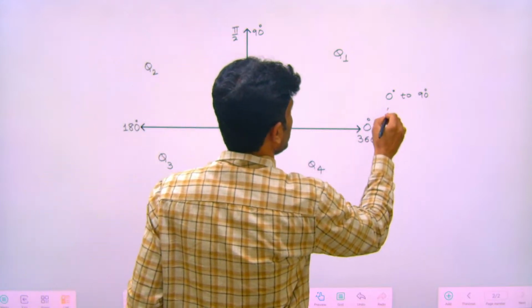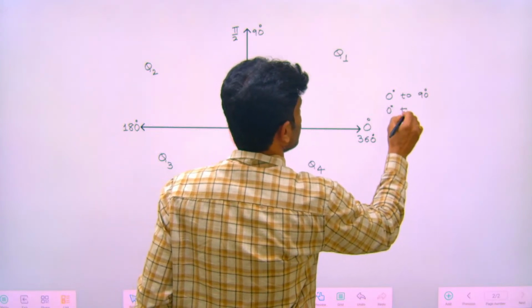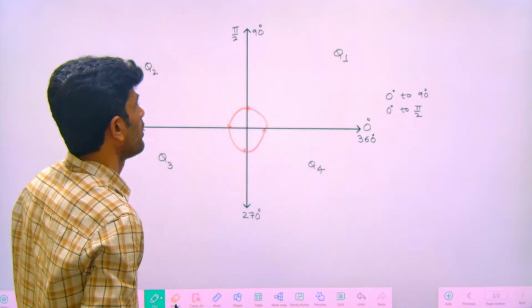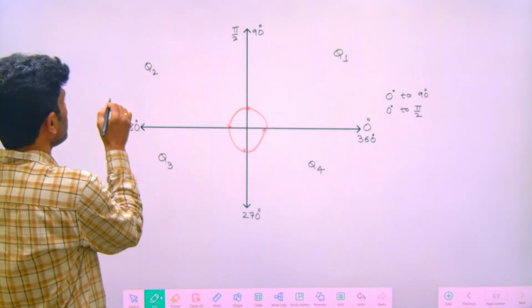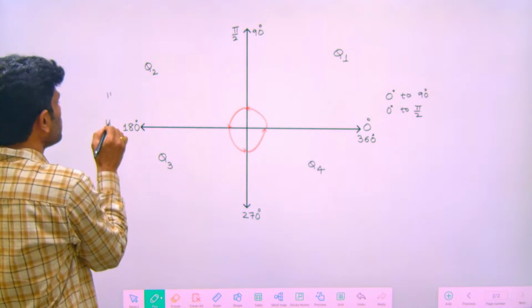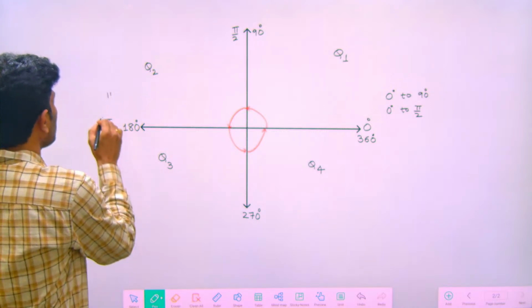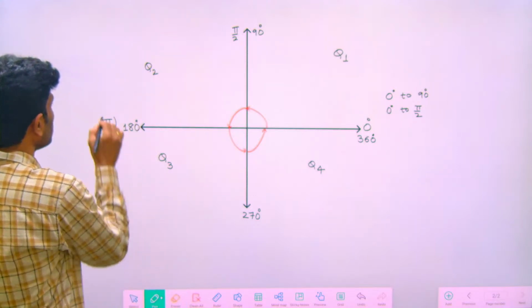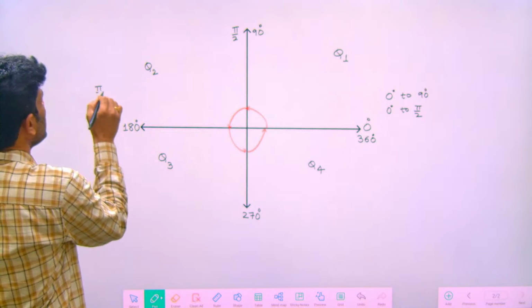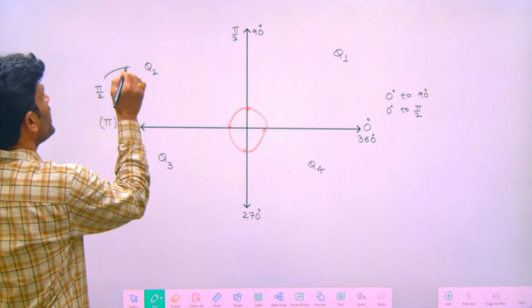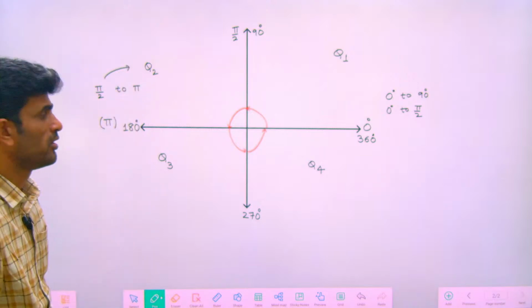So 0 to pi by 2 is quadrant 1. 180 degrees is pi. So if an angle is from pi by 2 to pi, it lies in quadrant 2.